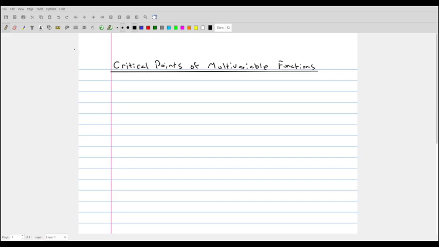And this is going to be related to the idea of single variable functions. So the idea here is that we're going to start off by reviewing the definition of a critical point for a single variable function and see how this almost directly generalizes to multivariable functions.